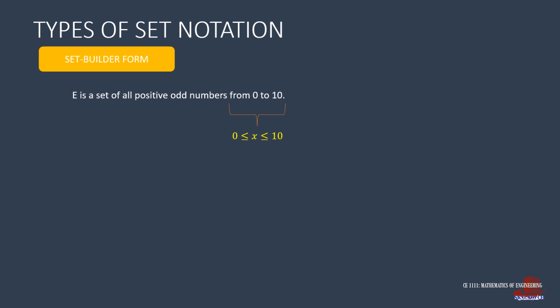Now, we can express E as all values of x such that x is a positive odd number and it is between 0 to 10. From this notation, you can also see that instead of using a bar, a colon is placed to separate the logical predicate.